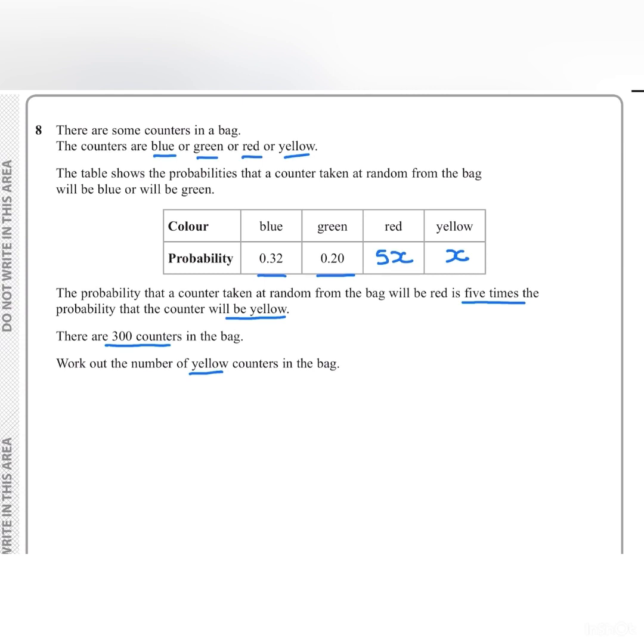Okay, so the probabilities add up to 1. So we can write down 5x plus another x plus 0.32 plus 0.2, and it all equals 1.